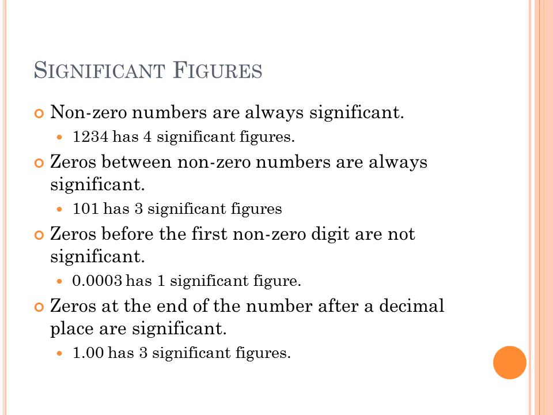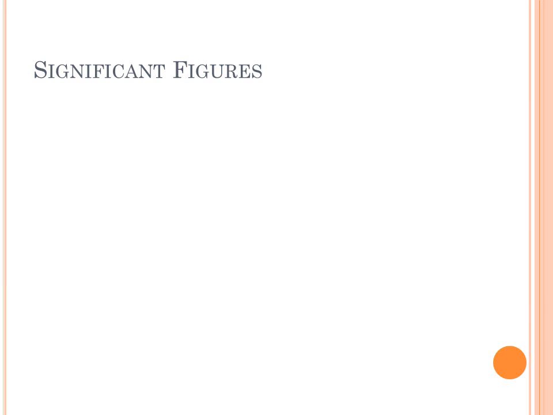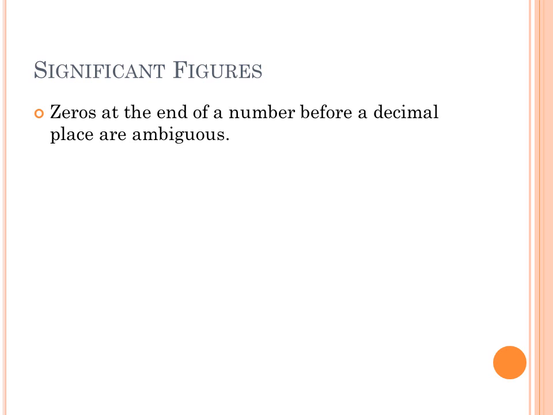Zeros at the end of a number and after a decimal place are significant. Those are zeros of precision. 1.00 has 3 significant figures. Zeros at the end of a number, no decimal place, they're ambiguous. It's unclear how many they have.